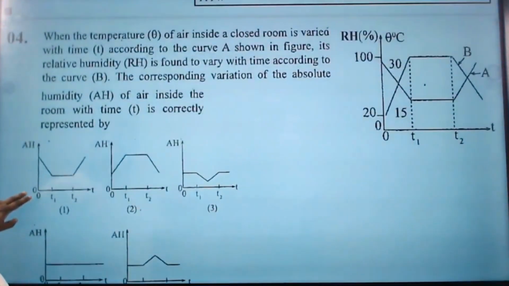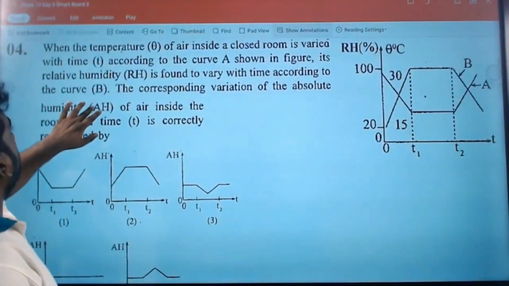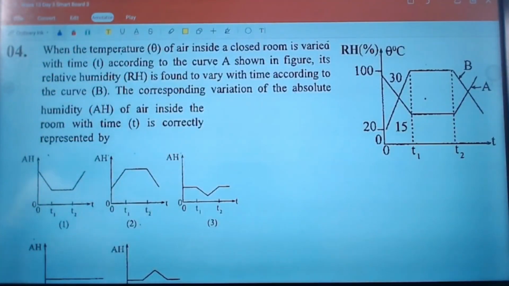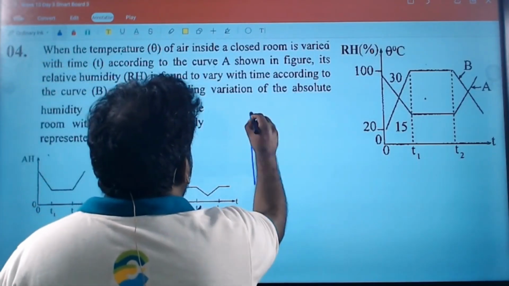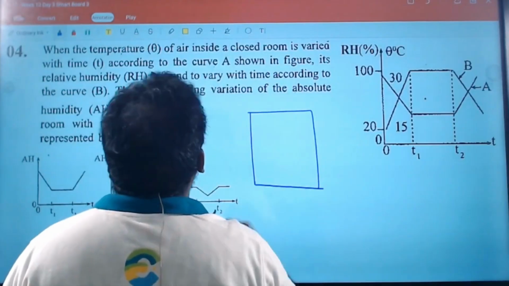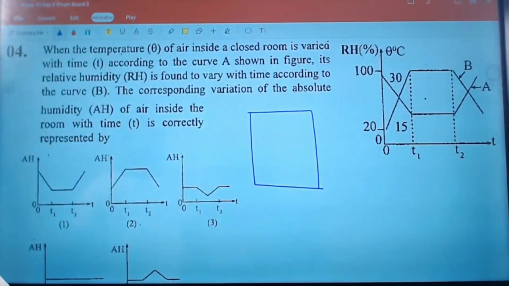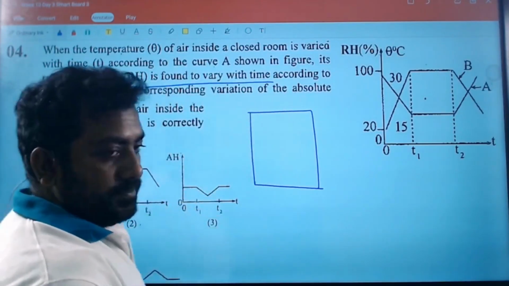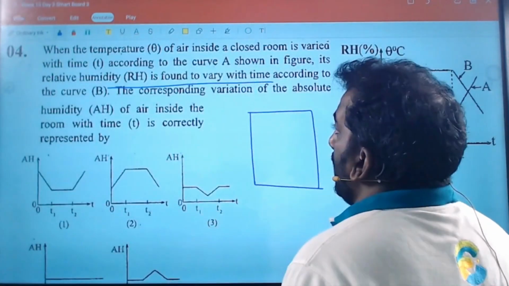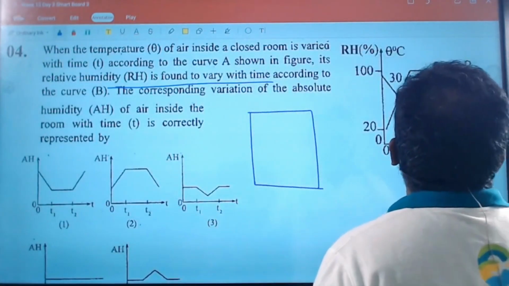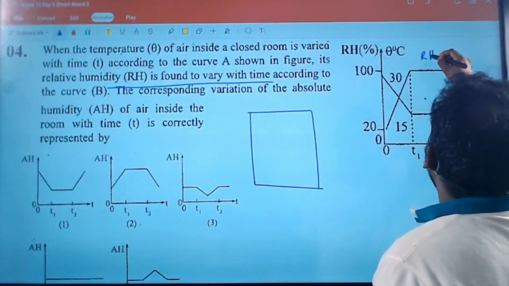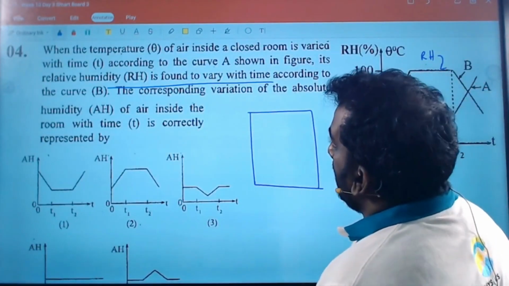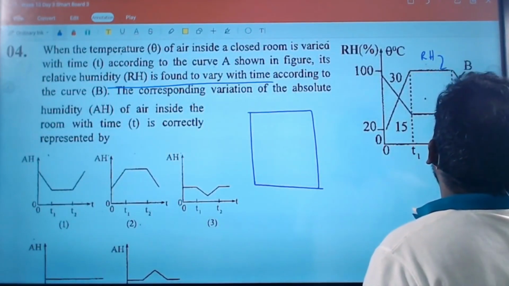Moving forward. When the temperature theta of air inside a closed room is varied, according to the curve A shown in the figure, its relative humidity is found to vary with time according to curve B. So curve B is relative humidity, curve A is temperature.